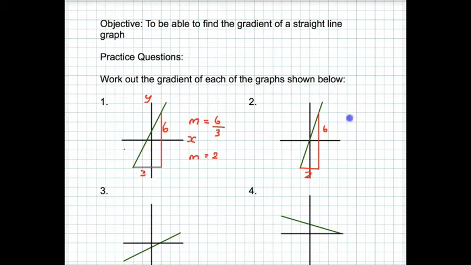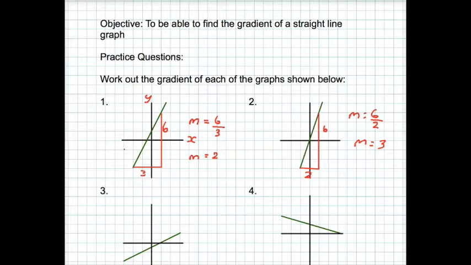So our gradient is the difference in y, which is 6, divided by the difference in x, which is 2. So this time we have a gradient of 3. You should be able to see the larger the number for the gradient, the steeper the line becomes.